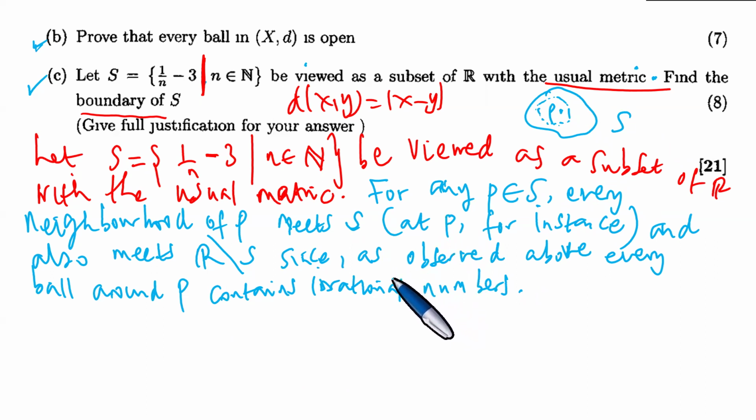By neighborhood we mean every open set that contains P. And also meets the complement of S, since, as observed above, every ball around P contains irrational numbers.